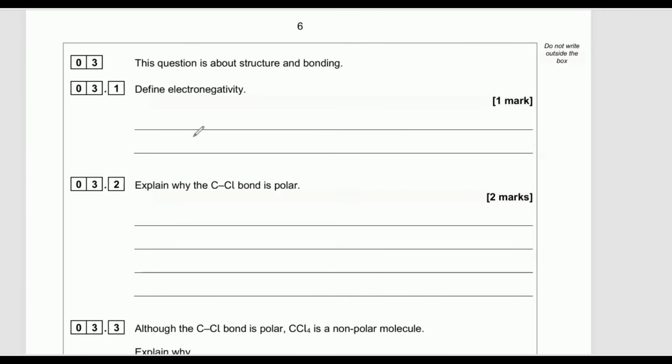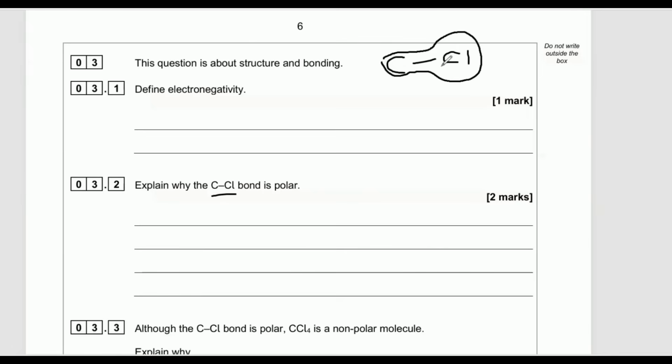So electronegativity, if we look, for instance, at this bond, the carbon-chlorine bond, what happens? Well, you have a cloud of electrons here, and the chlorine atom is more electronegative and therefore has the ability to distort that cloud of electrons and withdraw it so that it is closer to the chlorine atom than it is to the carbon.